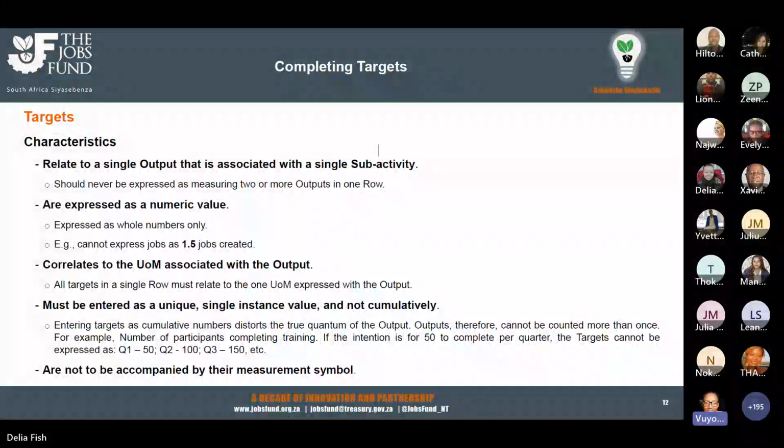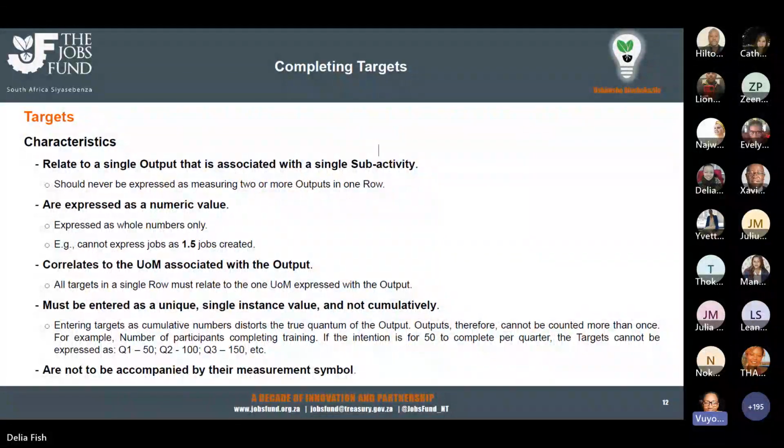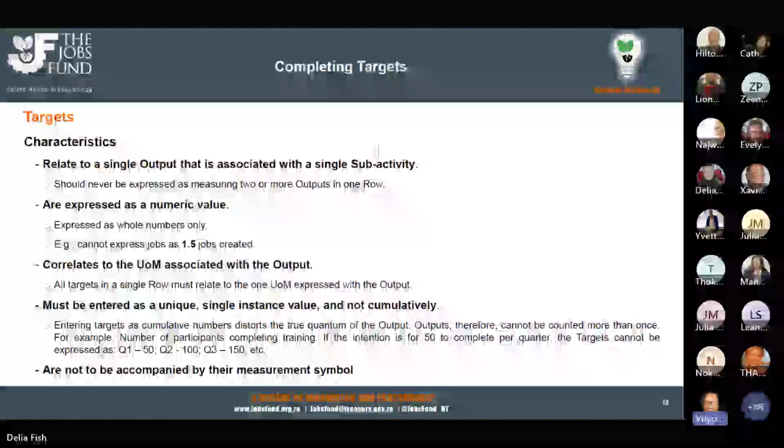So you target 50 per quarter. You don't cumulate that 50 over the different quarters. In Q1, you will have 50 people who successfully complete training, but in Q2 you won't add Q1's 50 people to Q2. You will add the unique new 50 people in Q2 who successfully complete training.